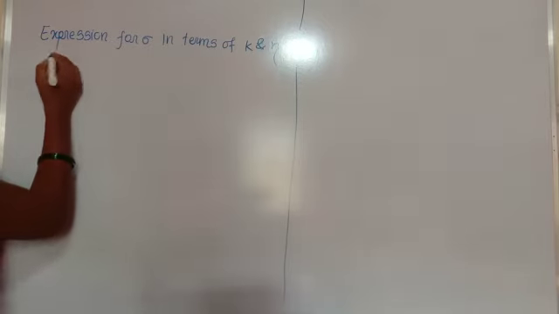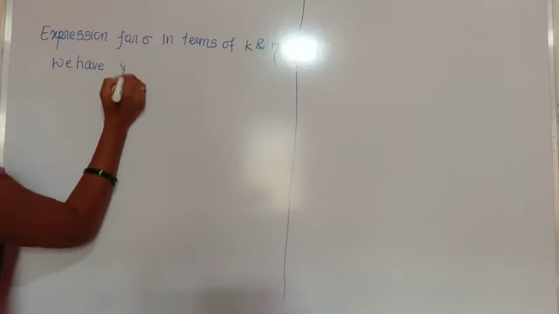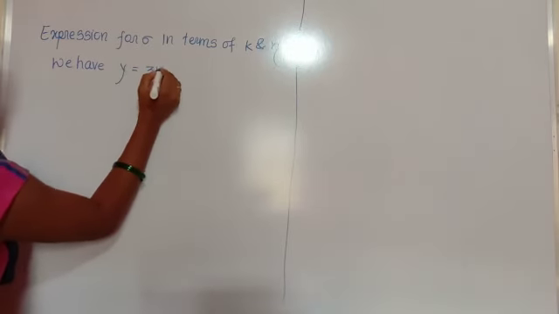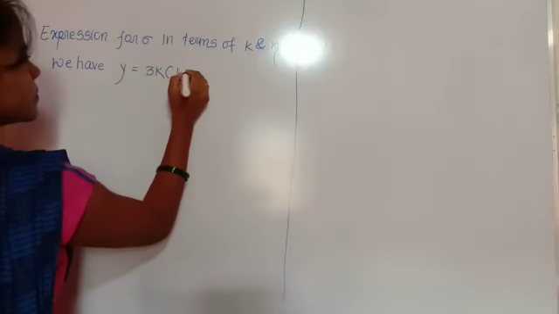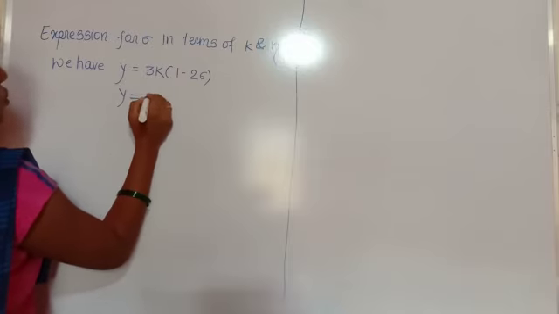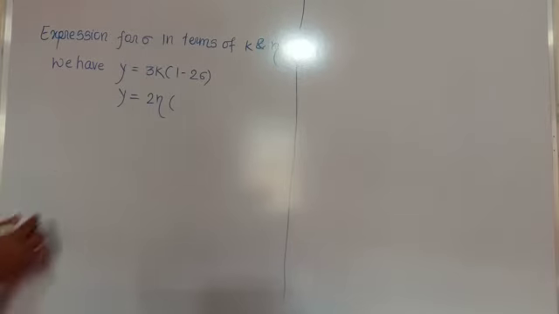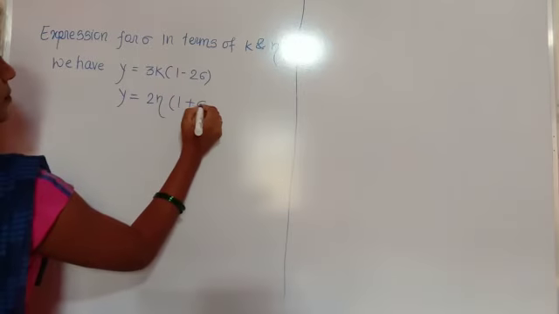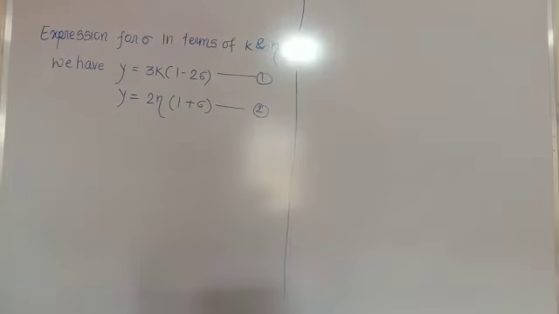We have the two relations: Y equals 3K(1 minus 2 sigma), and secondly Y equals 2 eta (1 plus sigma). This is the first equation and this is the second equation.